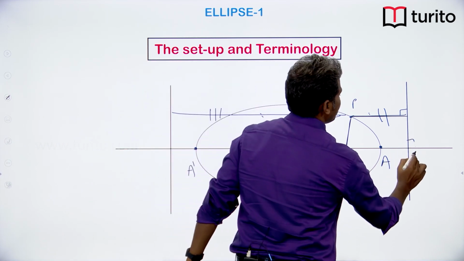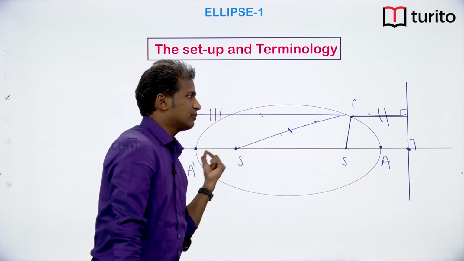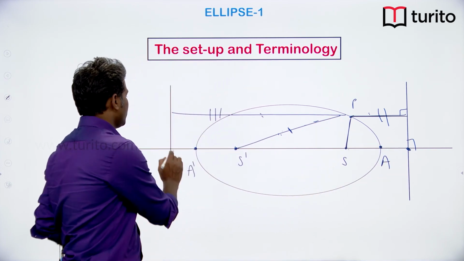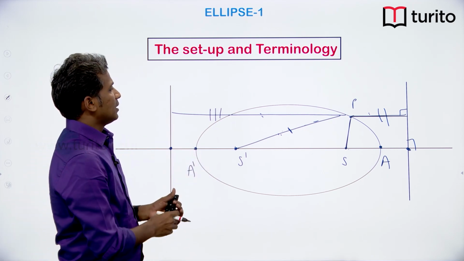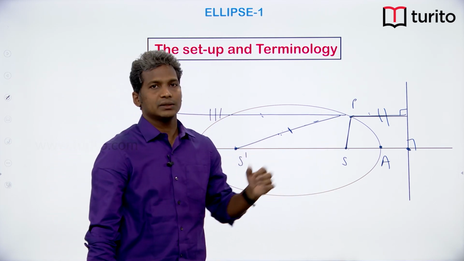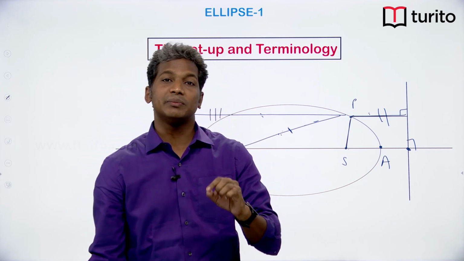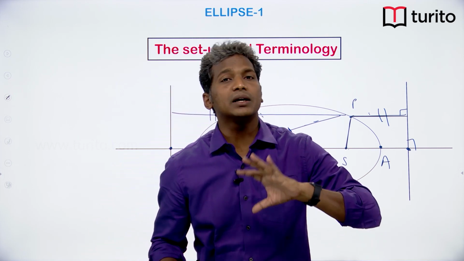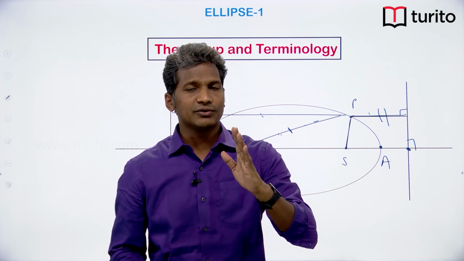Now, this point where this line which is joining both vertices meets is also called as foot of the directrix. So, here also we have another foot of the directrix, this much is clear. Now, this AA dash is also called as the major axis. Okay. So, basically this major axis is one axis of symmetry. So, whenever we want to define axis of any curve, remember that all axes are lines of symmetry.